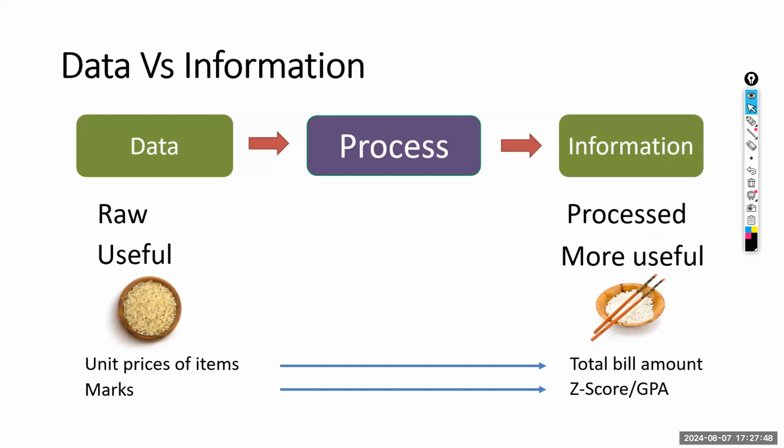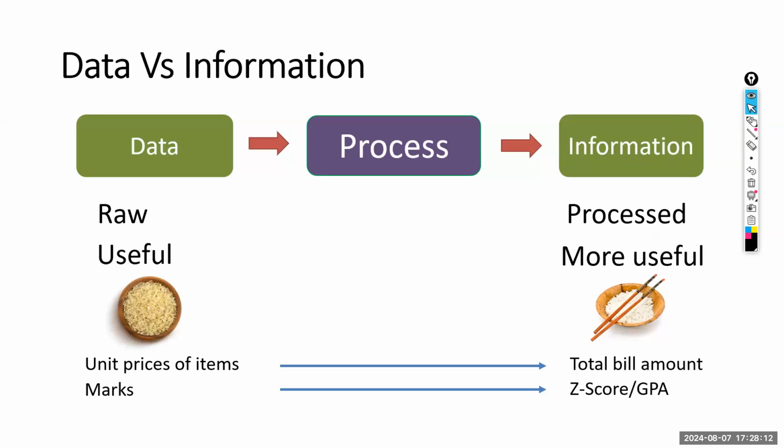Not your individual marks. Of course, by looking at your individual marks, we can get an idea about it. But by looking at the Z score, in some contexts, we can get a better idea about you. So I'm not saying that marks are bad. What I'm saying is, in some cases, the Z score is better for decision making.